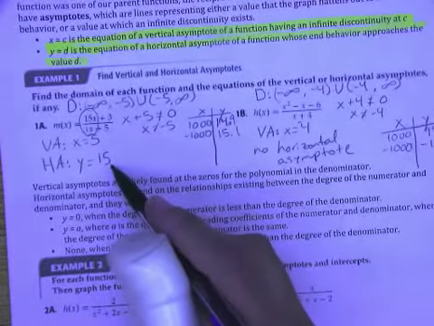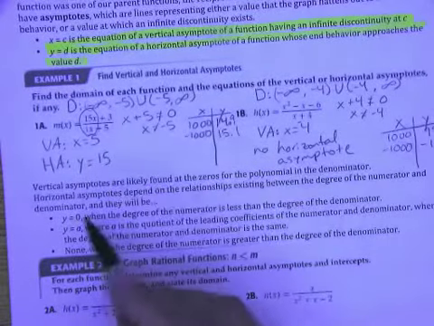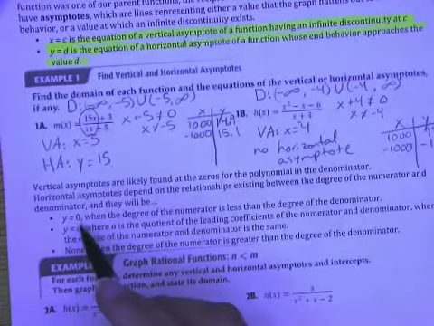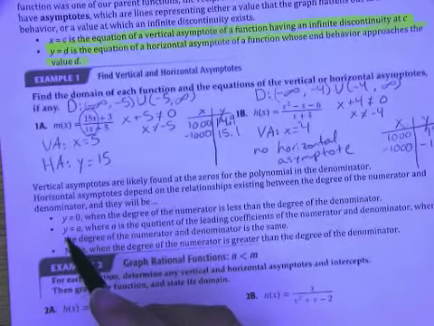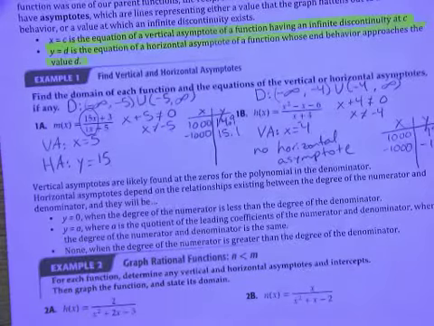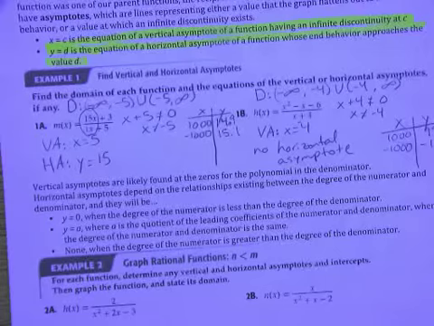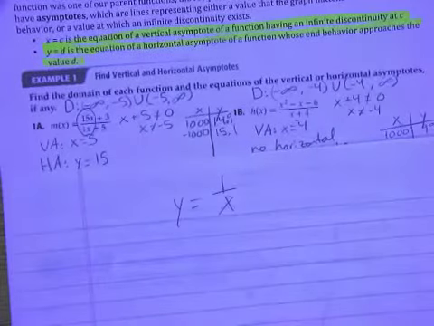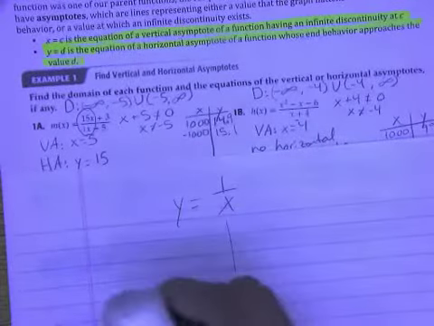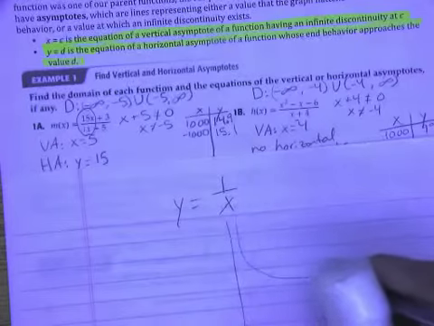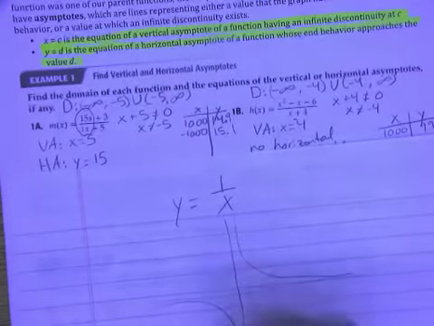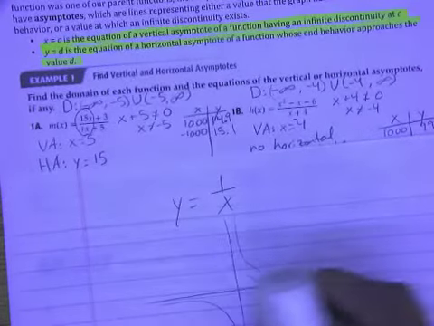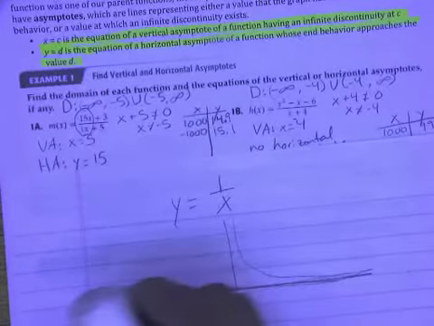If I take this and reduce it, I get 15. So y equals 15 was my horizontal asymptote there. My horizontal asymptote will be y equals 0 when the degree of my numerator is less than the degree of my denominator. And in that instance, let me refer you back to that parent function that we dealt with a while back.